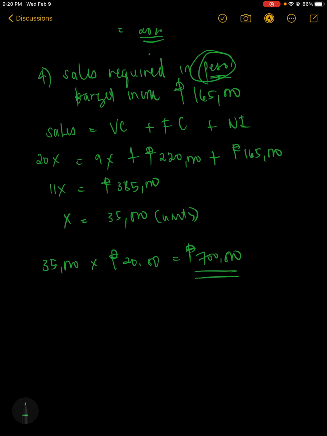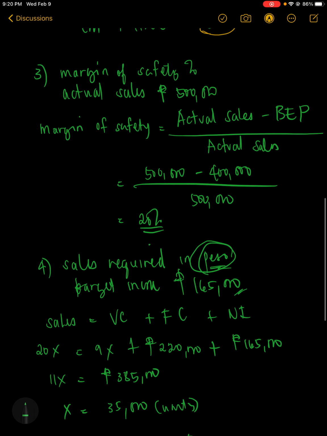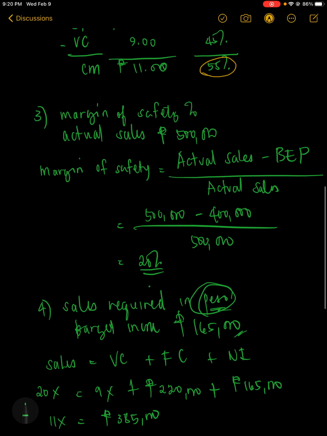And that 700,000 is the required sales in terms of peso, so that you will be earning a net income of 165,000 pesos. And that's how you solve problems related to CVP analysis.